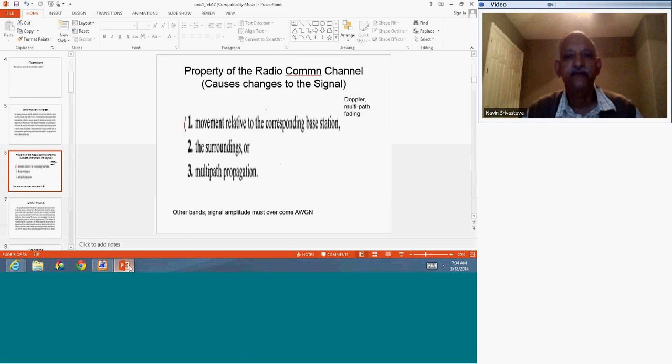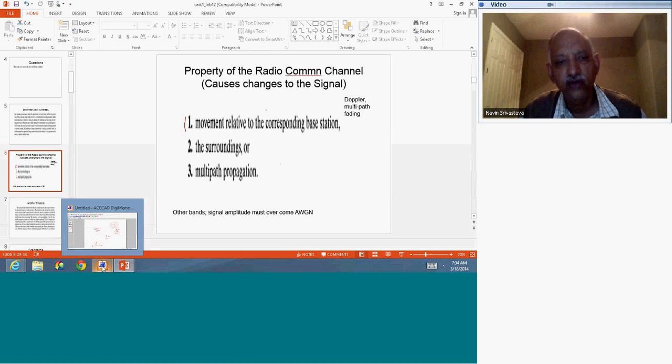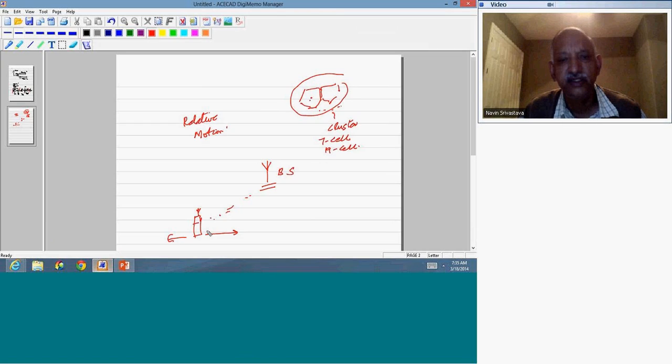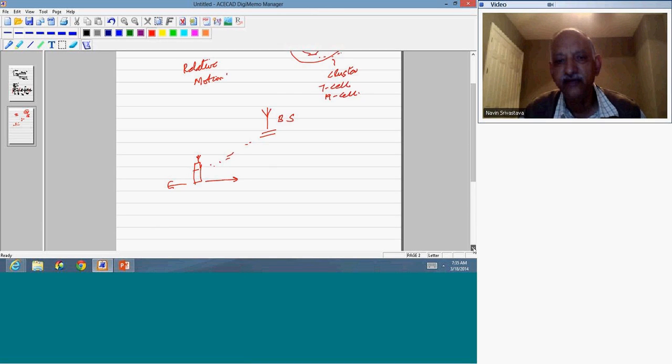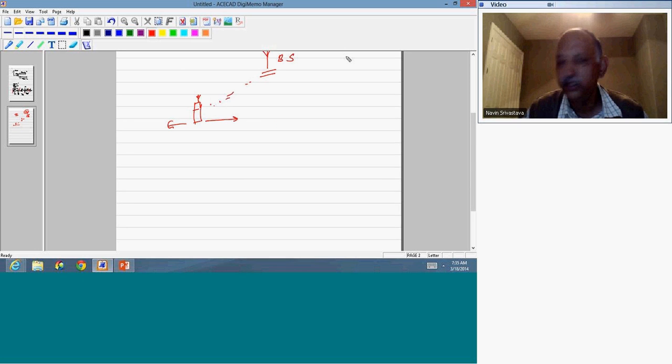Then the second thing is relative to the surroundings. So what does that mean? That means that, for example, if you are going on a road, then there are surroundings, like there are buildings and so on.